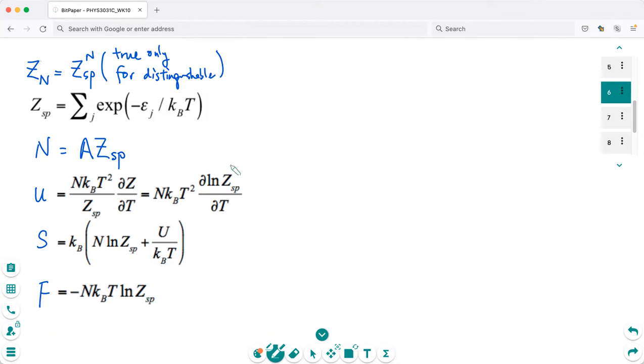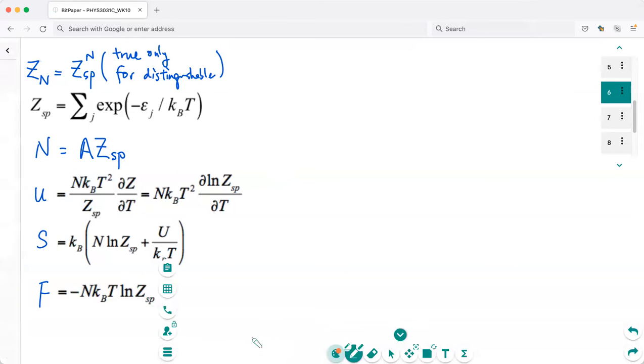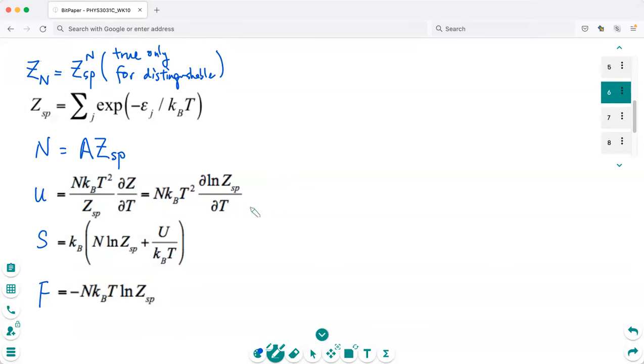So let me do it. For the first one, I need to be very careful. So sorry, I will use color. This one. So this is k_B T squared. I can move this. Now n is a constant. The total number of particles is a constant.